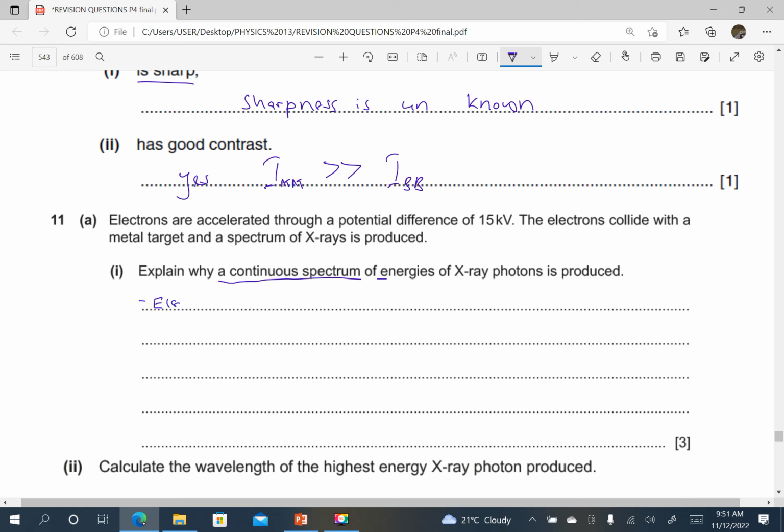So electrons are decelerated on hitting the metal target, so that X-ray photons are produced.